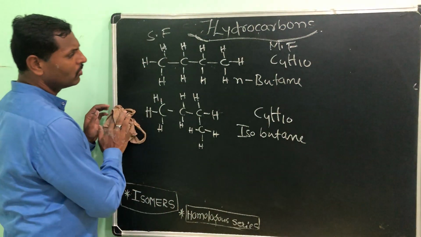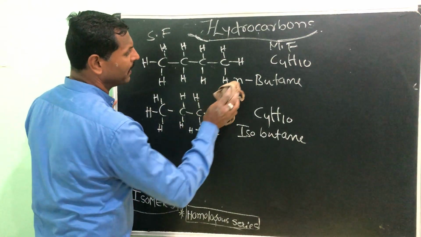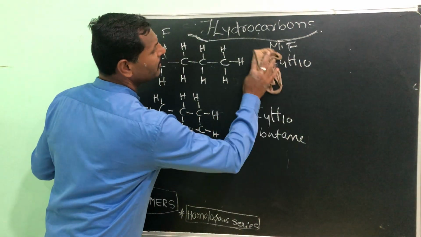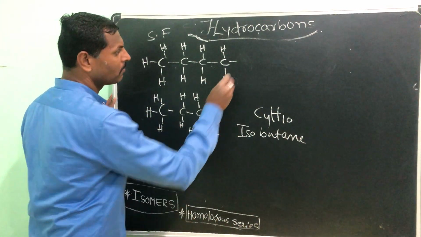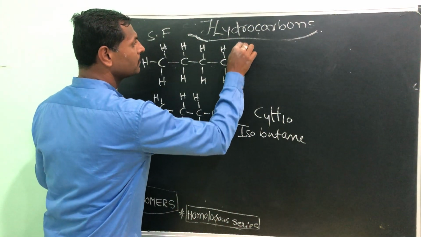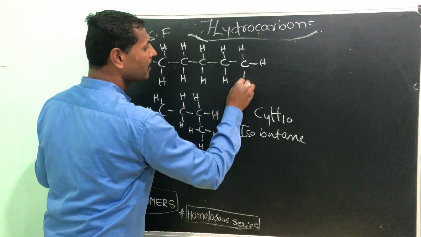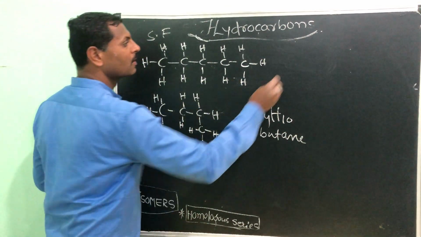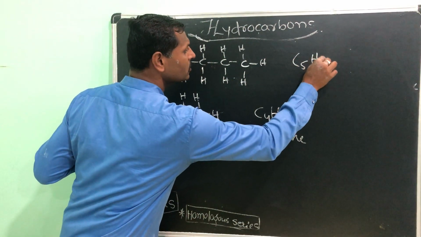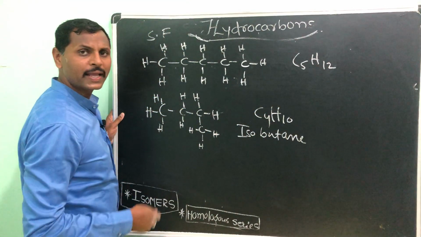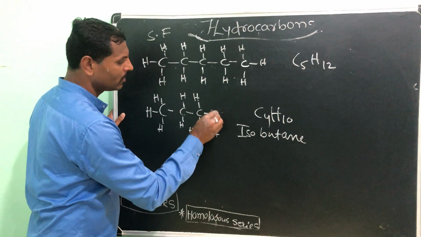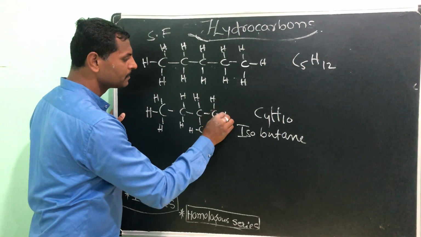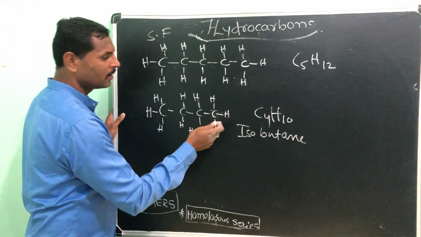I will try one more, that is pentane. We will try pentane also. Simply I will rub this one out. I will take 5 carbons. See here. C5H12. Very good. Okay, n-pentane. Here you take one more carbon. Count it.